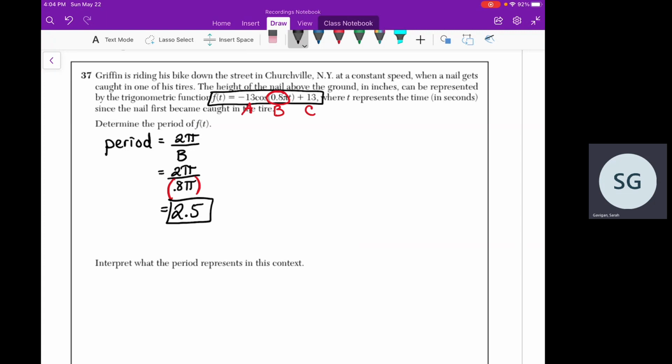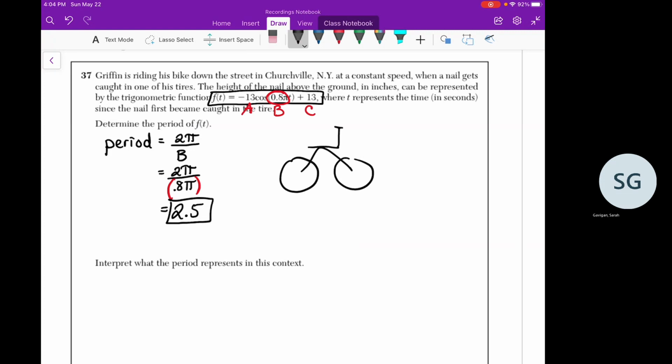Interpret what the period means in this context. Okay, so if you're riding a bike, there's a seat, and a nail, a red nail, and right here, you roll over a nail. The bike is still going to be going. So as you're riding your bike, this is going to be going around and around. So the height is going to be going up, it's going to reach its max and then come back down again.